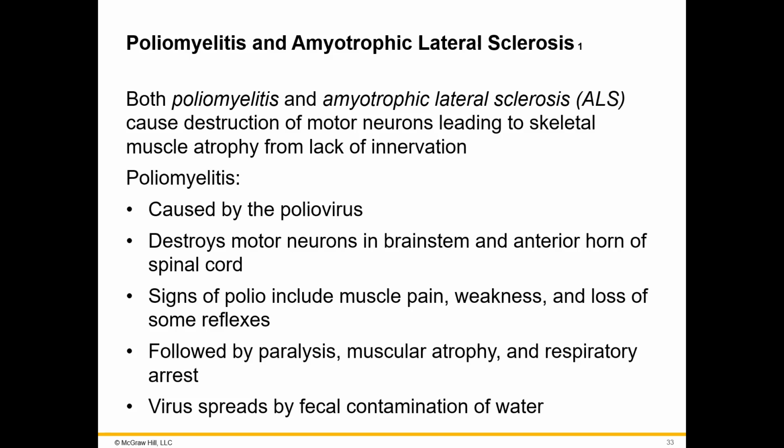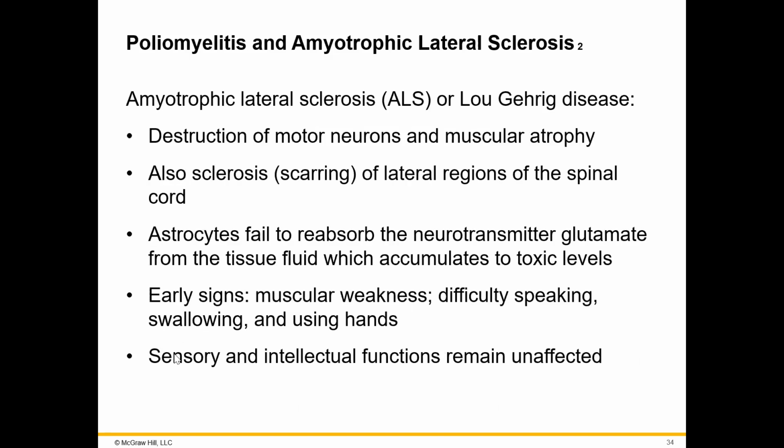Alrighty. Okay, so polio and amyotrophic lateral sclerosis, or Lou Gehrig's disease. That's destruction of the motor neurons and muscular atrophy. Also, the sclerosis, or the scarring of the lateral regions of the spinal cord.